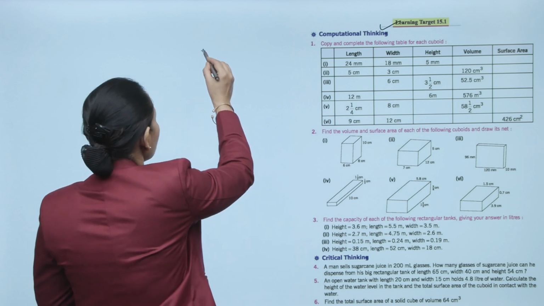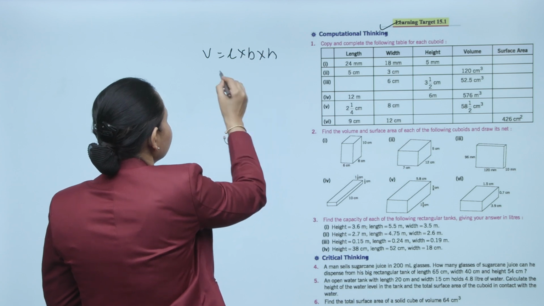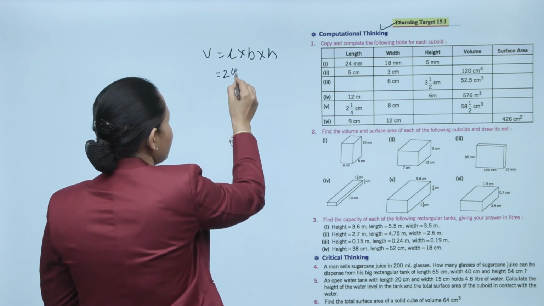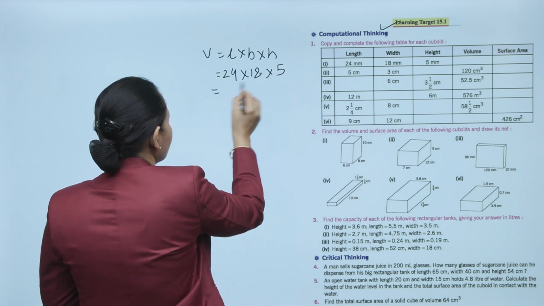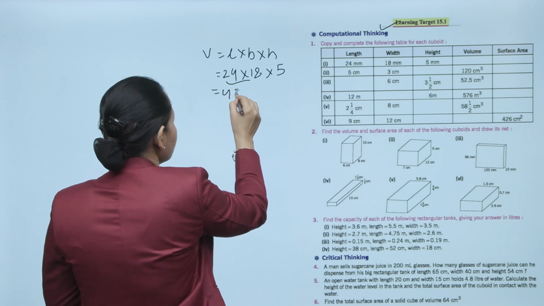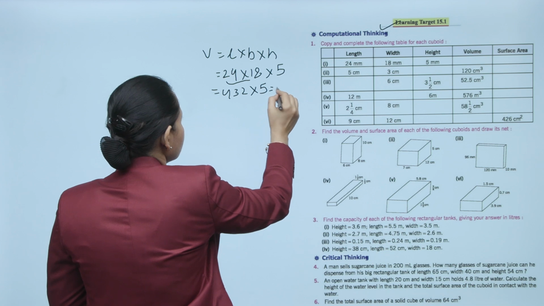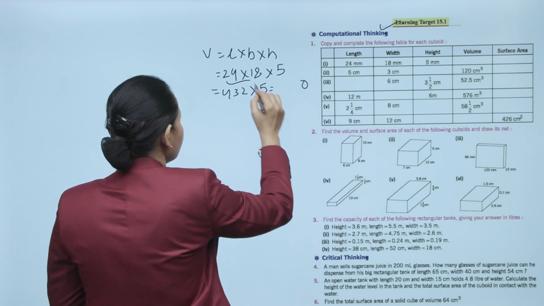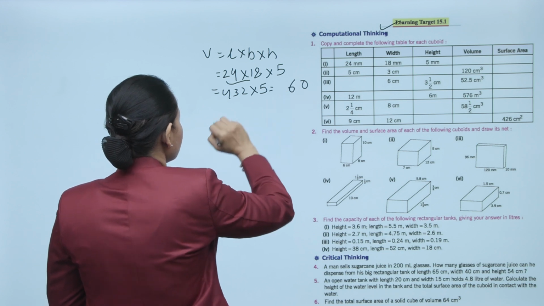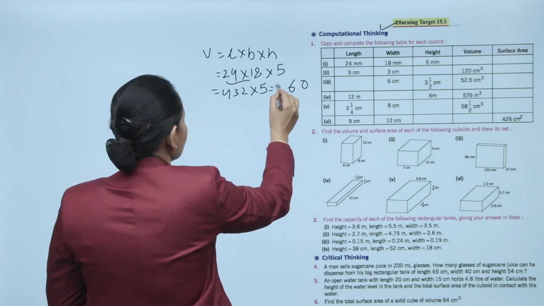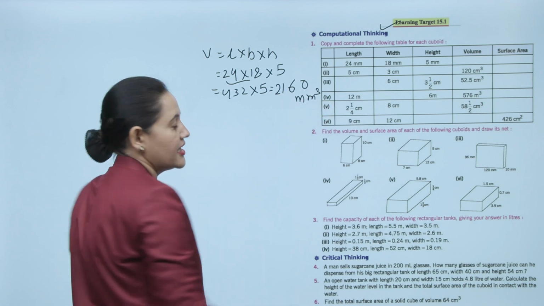So volume is L into B into H, that is 24 into 18 into 5, 432 into 5, which is 2160 millimeter cube. That is the volume.